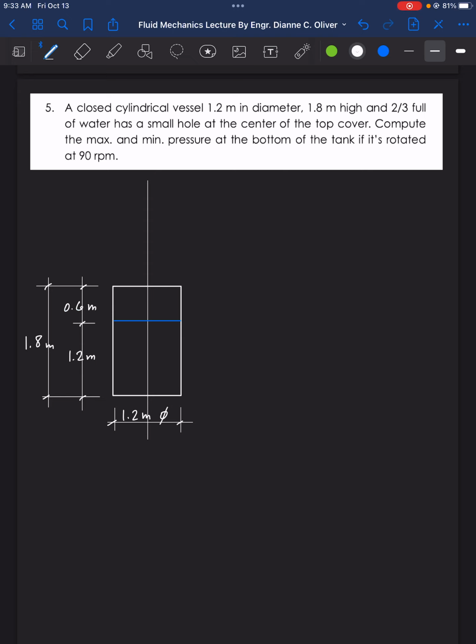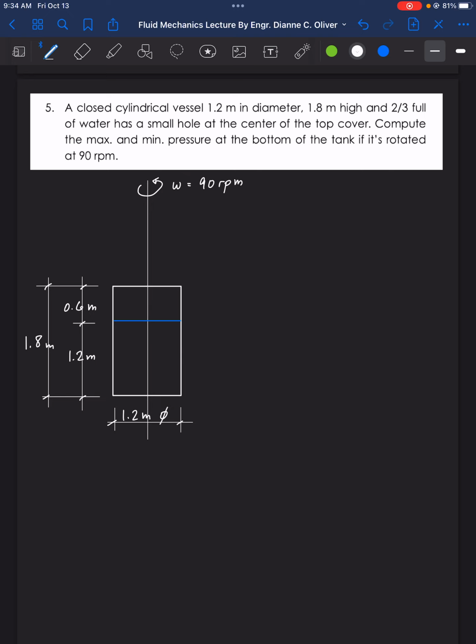Okay. And then compute the maximum and minimum pressure at the bottom of the tank if it's rotated at 90 RPM. So given our omega as 90 RPM, the rotational speed.